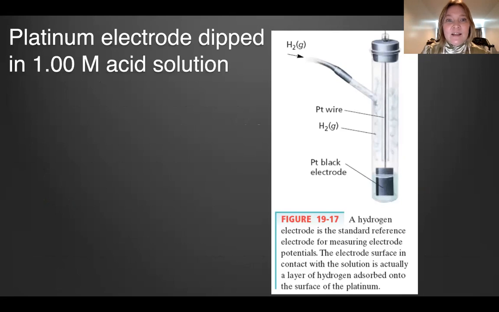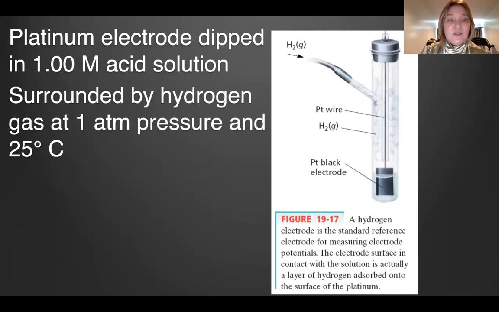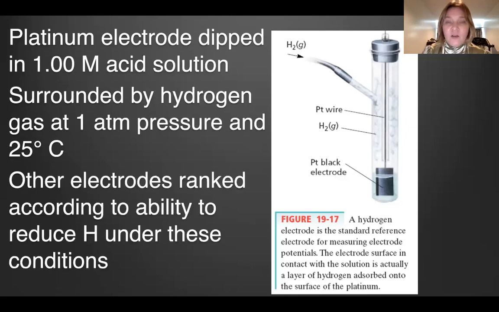A platinum electrode is dipped in a 1.00 molar acid solution, and it's surrounded by hydrogen gas at 1 atm and 25 degrees C. Other electrodes are ranked according to their ability to reduce hydrogen under these conditions. So the standard hydrogen electrode is the standard, and then we connect other metals and we measure the potential difference.